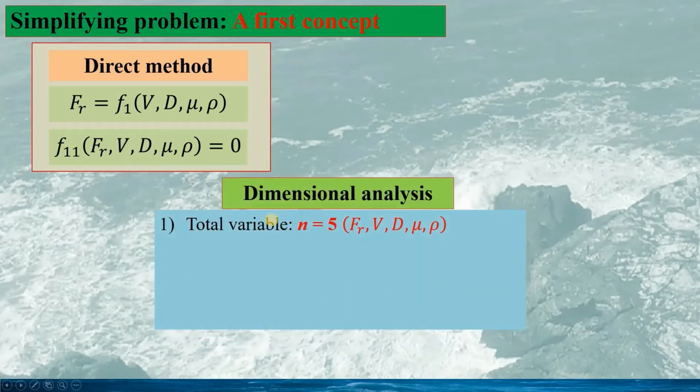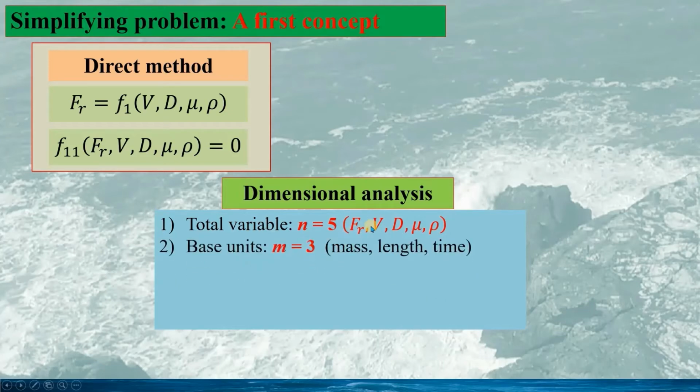So in the dimensional analysis, from this function we can see the total number of variables n is 5. The variables we see here are: fluid friction Fr, fluid velocity V, the diameter of the pipe D, the fluid viscosity mu, and the fluid density rho.